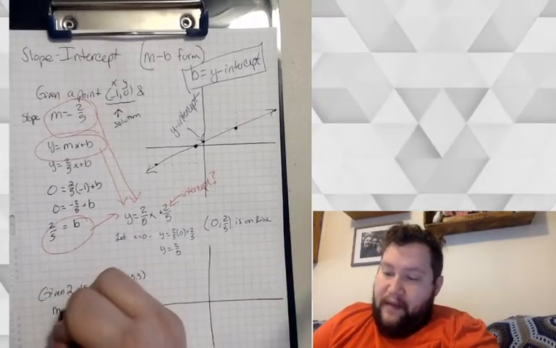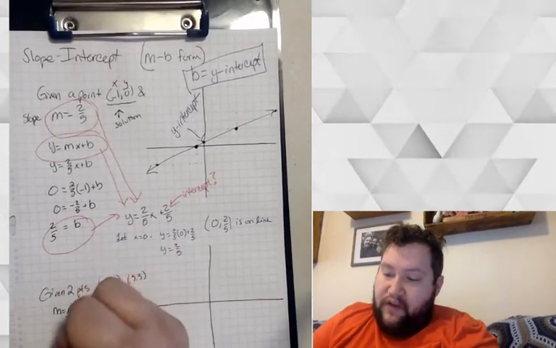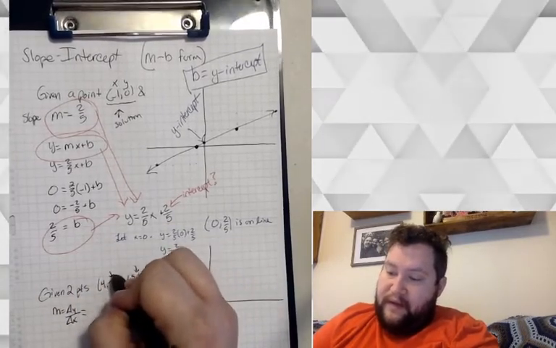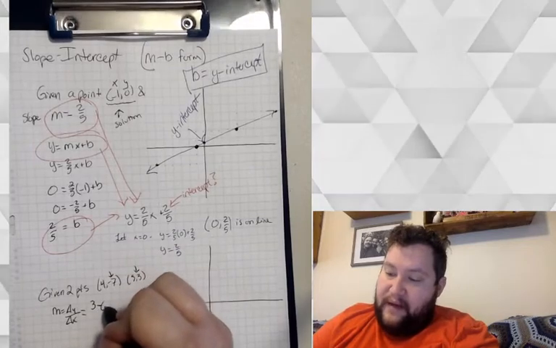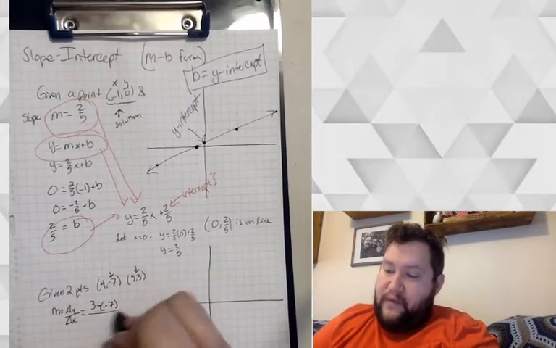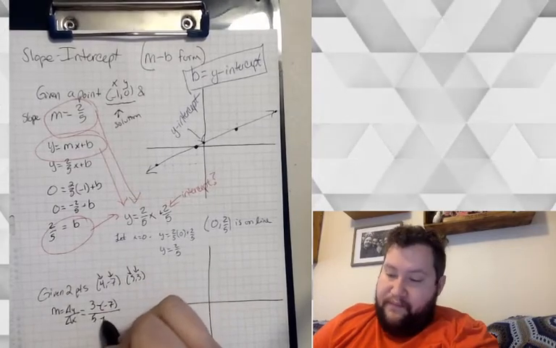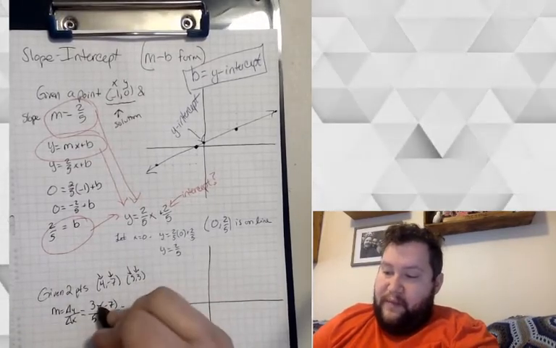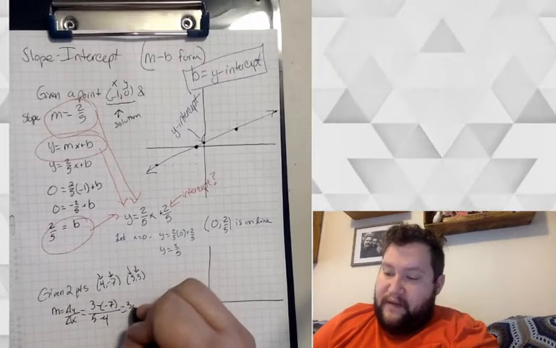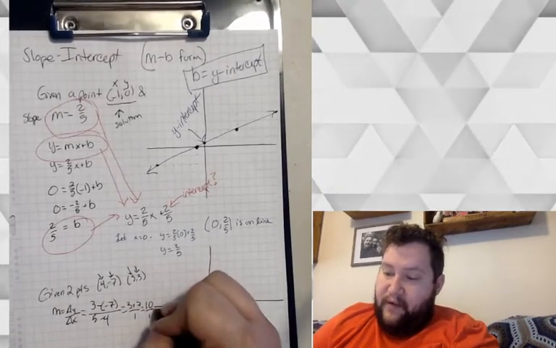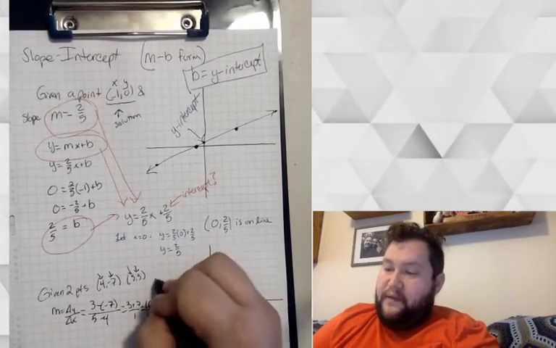So we have our m is change in y over change in x. We'll do 3 minus negative 7 over 5 minus 4. 3 minus a minus is a plus. 3 plus 7 over 1 is 10 over 1. So m is 10.